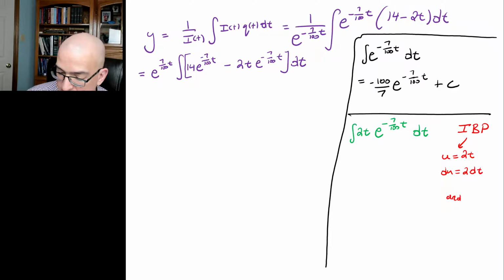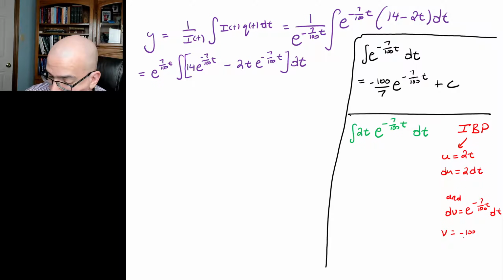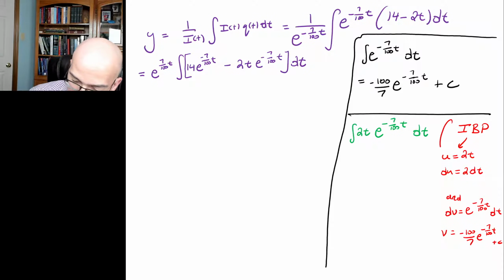And dv is equal to e to the negative 7 over 100 t dt. So v is the integral of that, which we just found up above. We get negative 100 over 7 e to the negative 7 over 100 t plus c. And that's going to get plugged into our IBP formula.